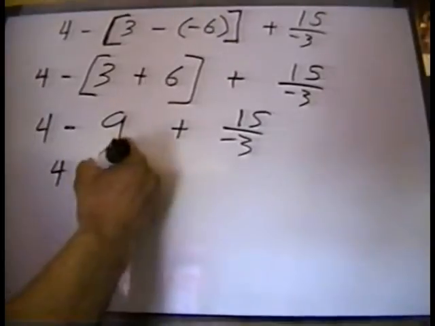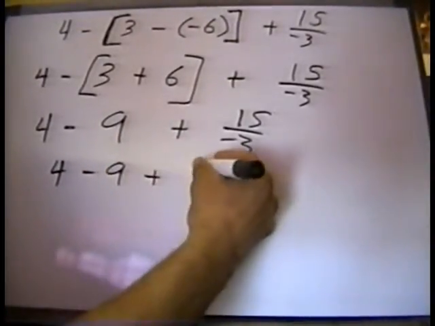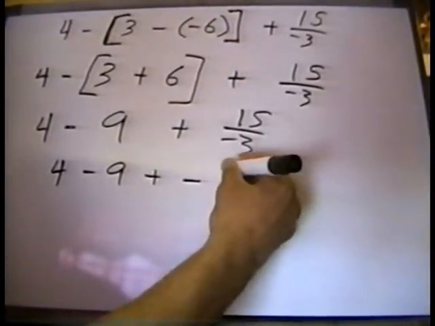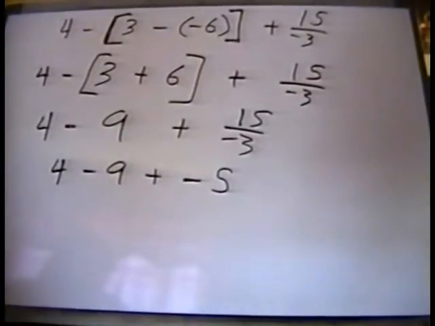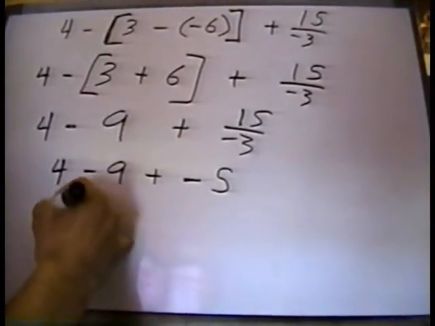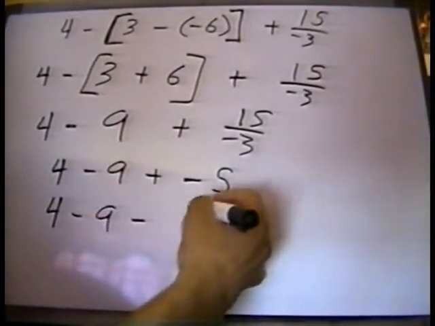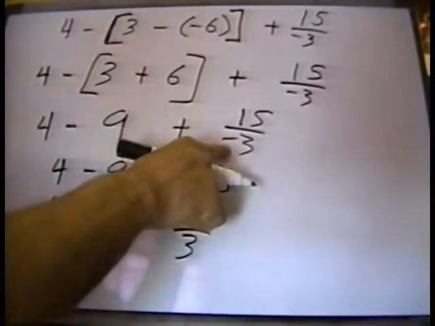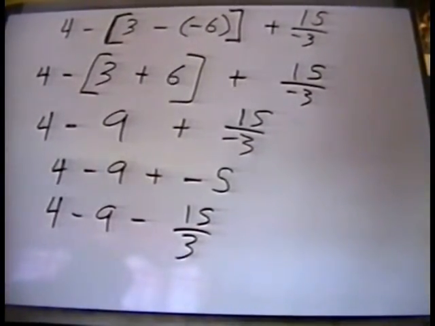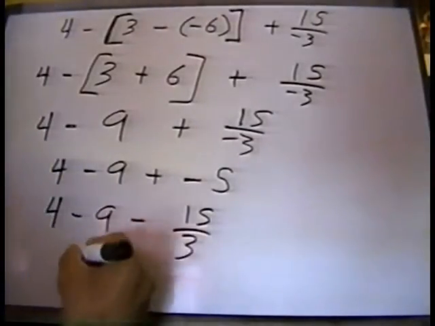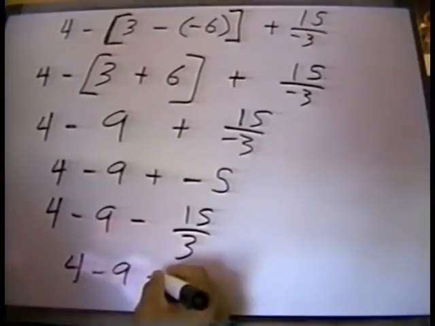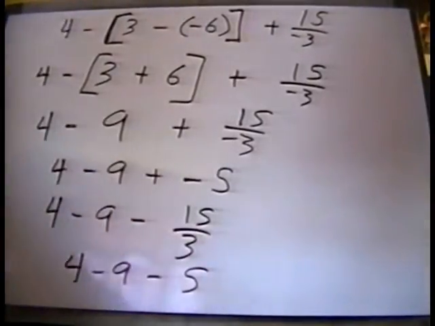You can say 4 minus 9 plus a negative 5. Okay? Or say 4 minus 9 minus 15 over 3. You can bring that negativity out first before you divide. See? And then you get 4 minus 9 minus 5. Okay?